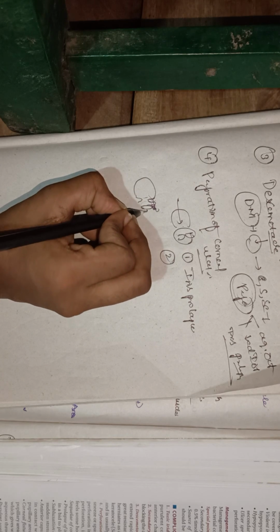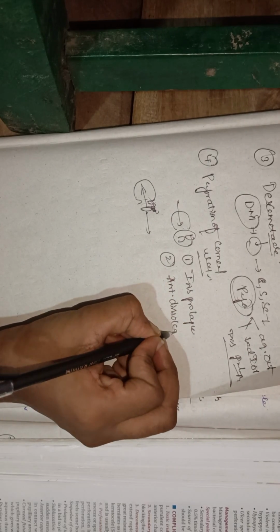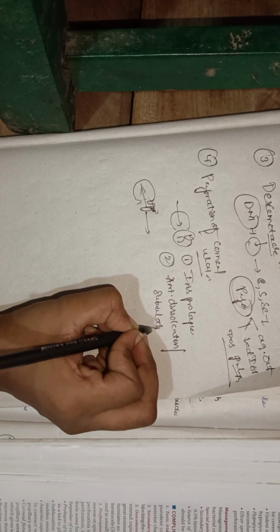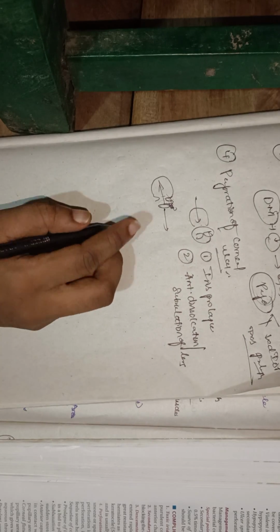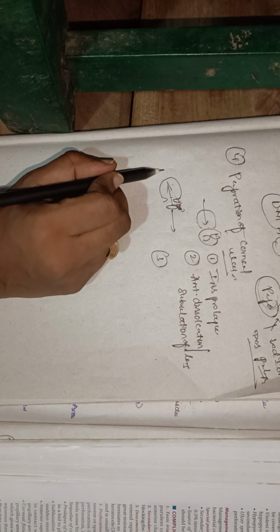Then the lens will undergo subluxation or anterior displacement. Anterior dislocation or subluxation of lens will occur. So these are the 2 points in corneal perforation.